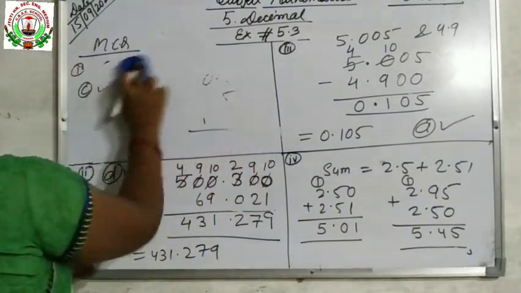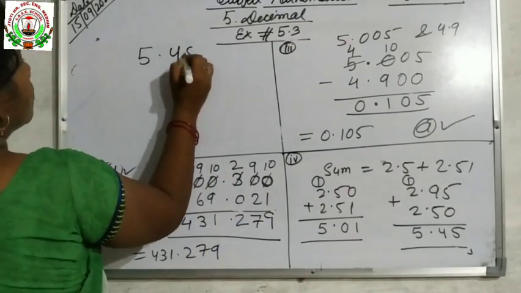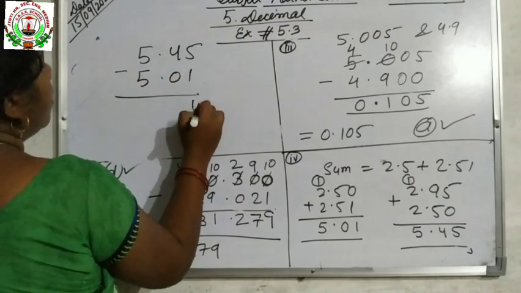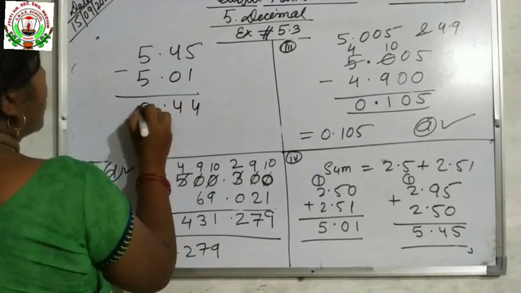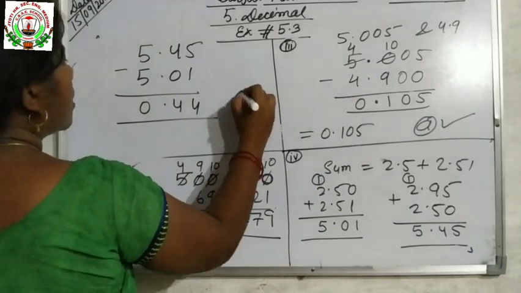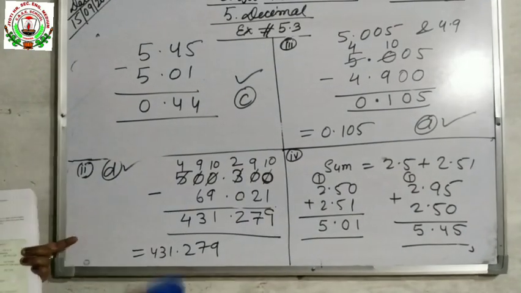Okay, so we will subtract 5.45 minus 5.01. 5 minus 1 is 4, 4 minus 0 is 4, 5 minus 5 is 0. So our correct option is 0.44, which is your option C. So you will put the correct answer C.